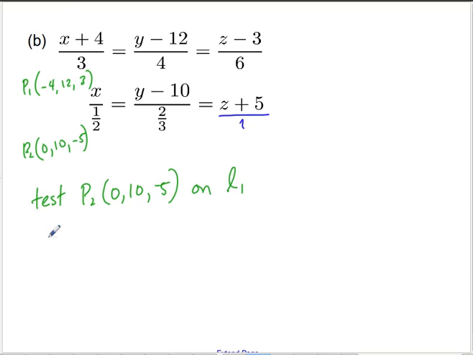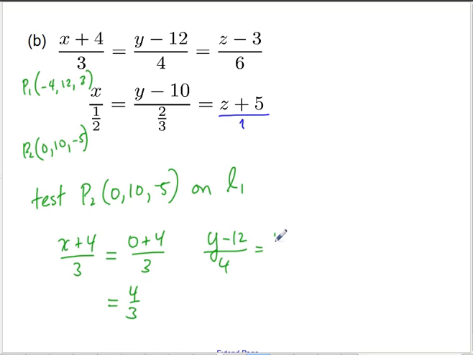So what I'm going to do is look at x plus 4 over 3, and I sub in my 0, so 0 plus 4 over 3, so I end up with 4/3. Now, these symmetric equations rely on all of these pieces being the same. So now let's test the middle part, y minus 12 over 4.